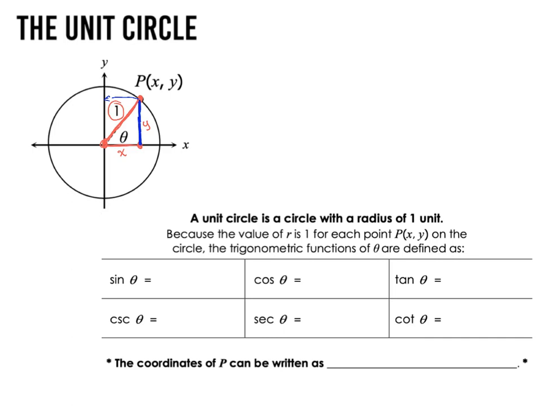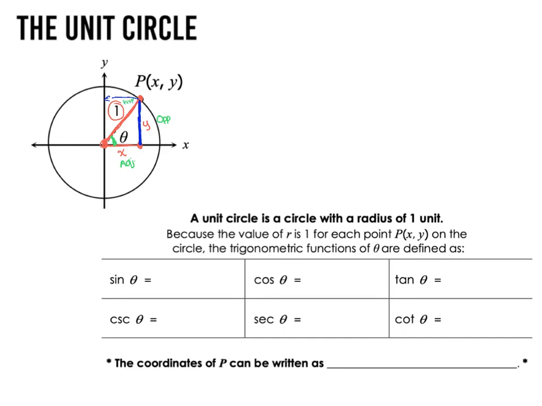Now, when we first talked about our trig functions, we talked about SOHCAHTOA. So here, if this is our angle theta, x is our adjacent side, y is our opposite side, and 1 is the hypotenuse.